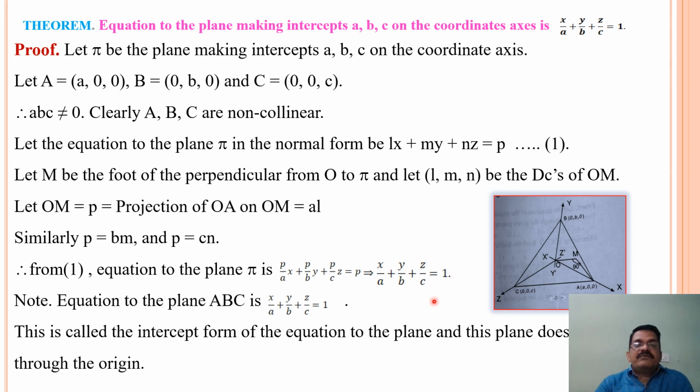That is the equation to the plane making intercepts A, B, C on the coordinate axes: x by A plus y by B plus z by C is equal to 1.